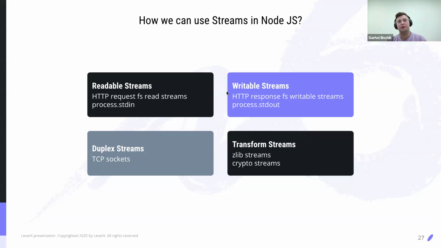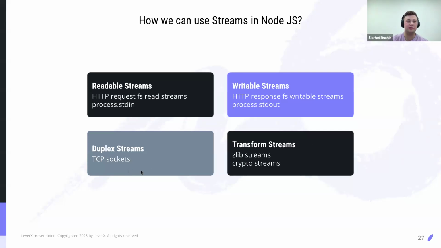Then we have writable streams, which we can see in the HTTP response and in file system writable streams. It is kind of the same, but completely opposite. You can specify the file name and write to this file line by line, for example, or chunk by chunk.